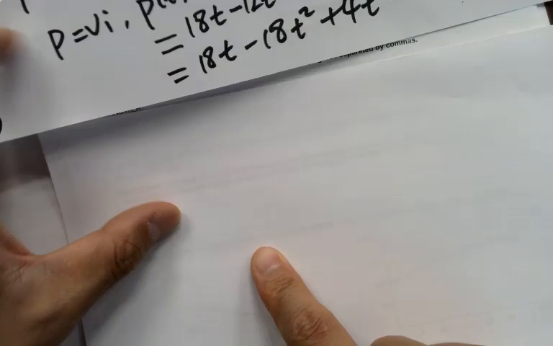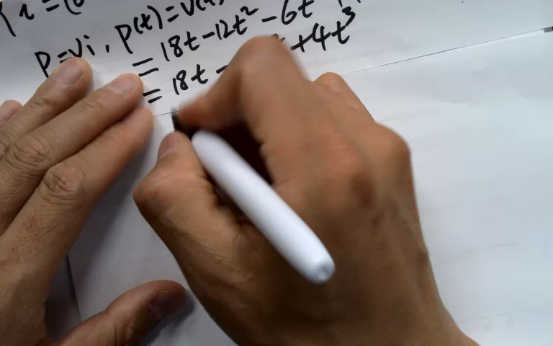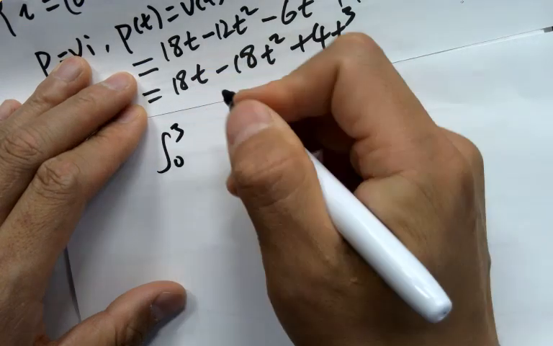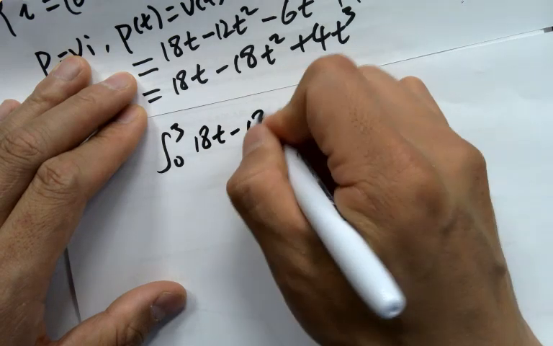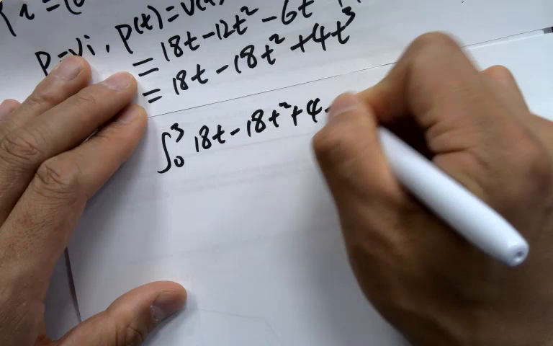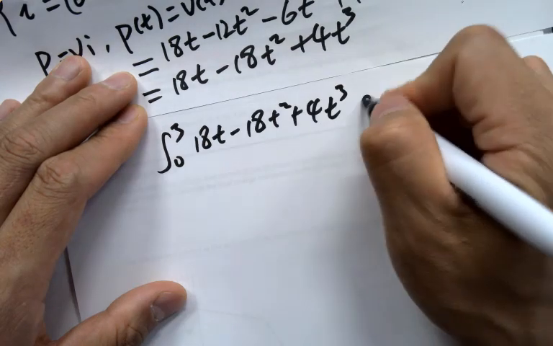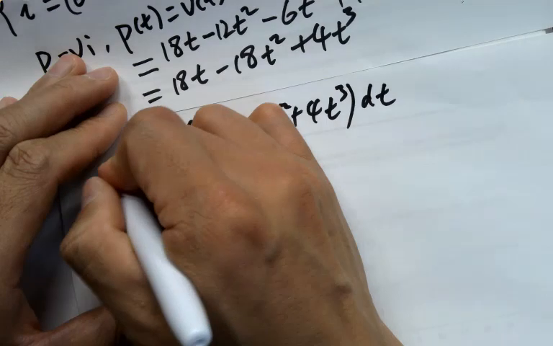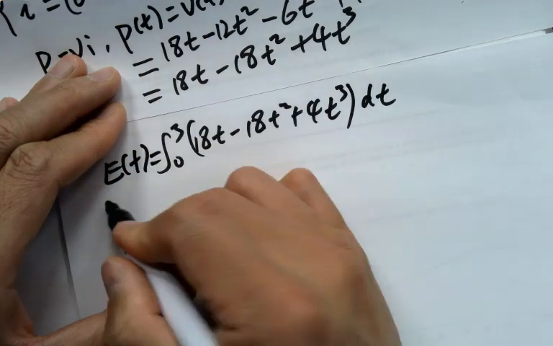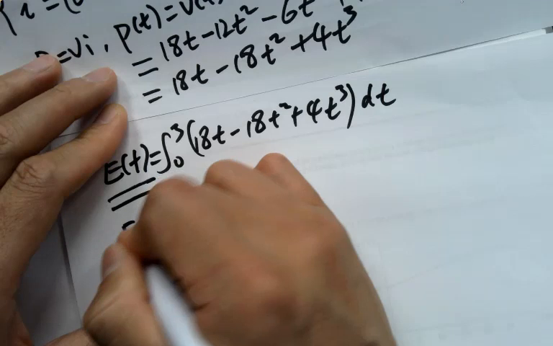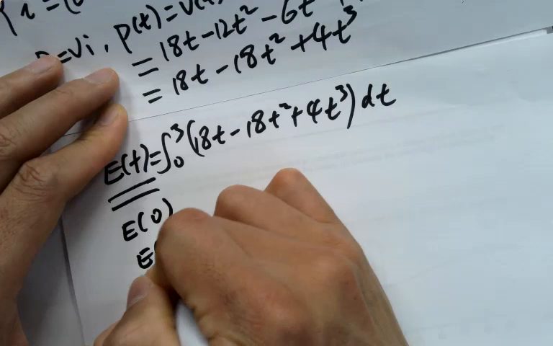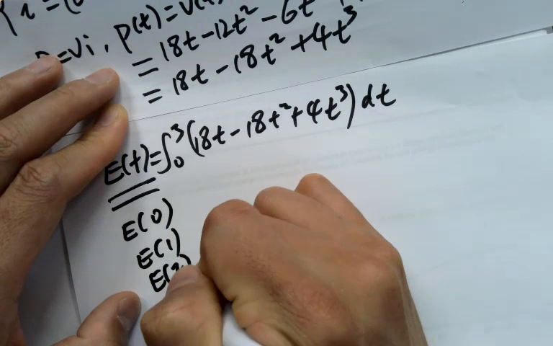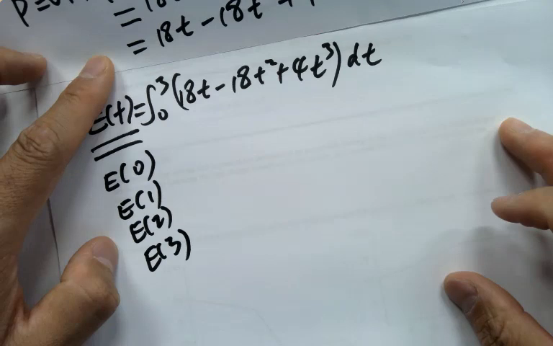So this is the power, and you integrate that power from 0 to 3 seconds: the integral of 18t minus 18t squared plus 4t dt. You find that eventually, and you just calculate E0, E1, E2, and E3. So these should be all the answers for the question.